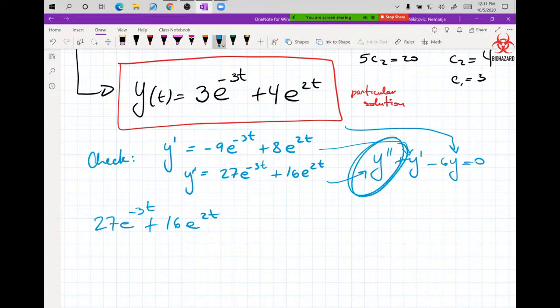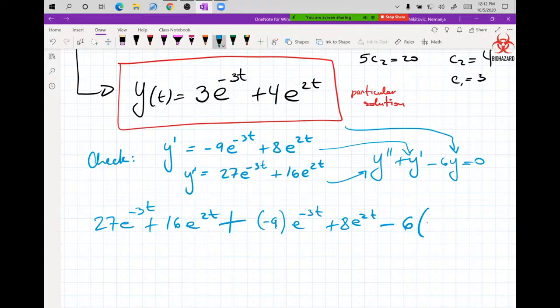That's me plugging in y double prime. Then I have a big fat plus from the differential equation. Then I have my y prime, which is negative 9e to the negative 3t plus 8e to the 2t. And then I have minus 6 times, and then this is 3e to the negative 3t plus 4e to the 2t.